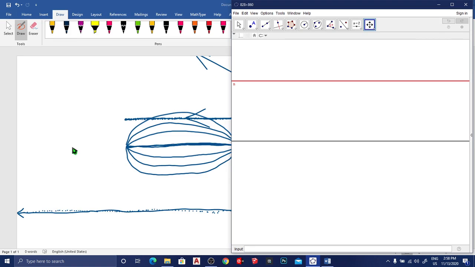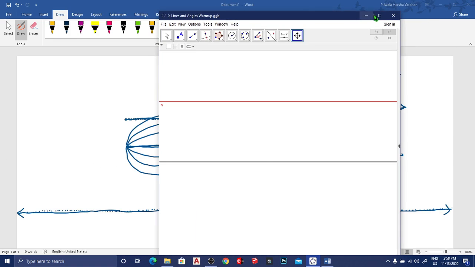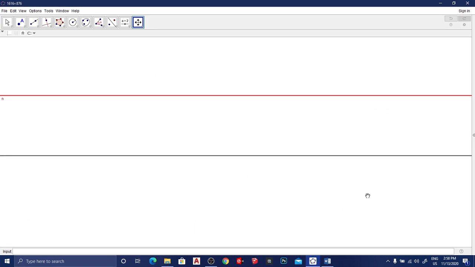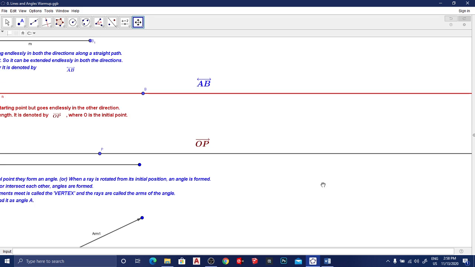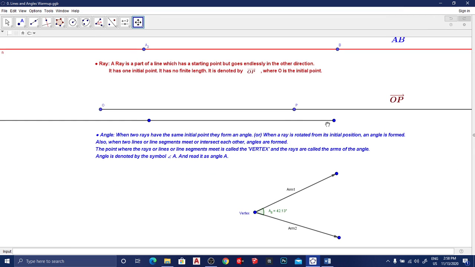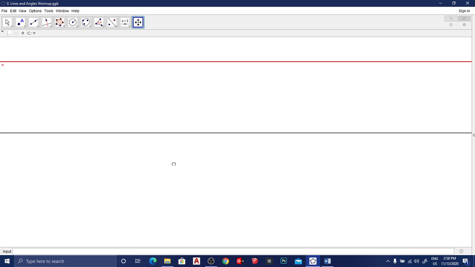Now if I take this one at the starting point, observe here this ray I am taking which is going to the left side. This also goes to the left side endlessly, this black line.